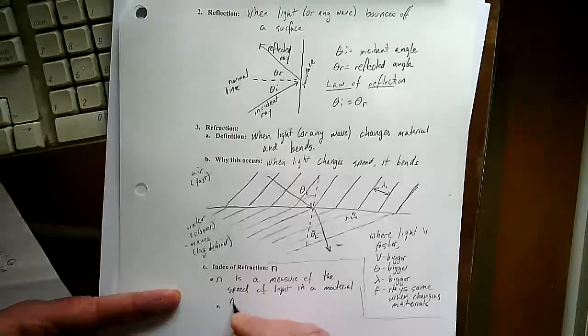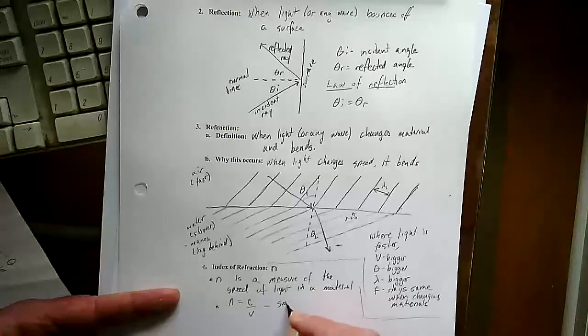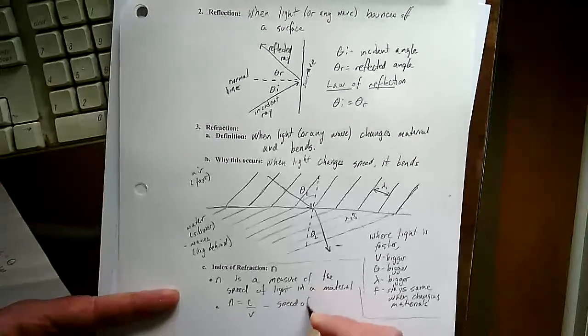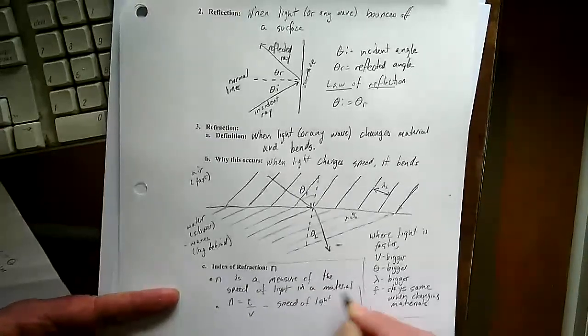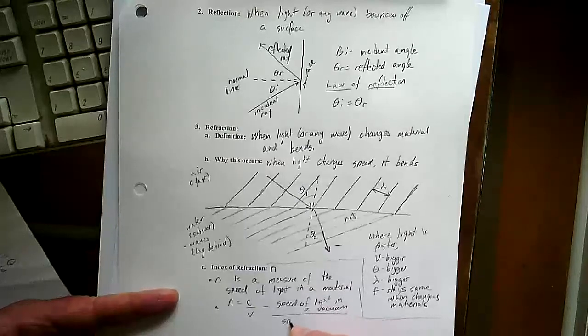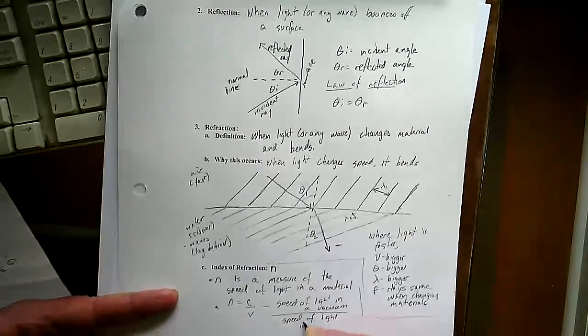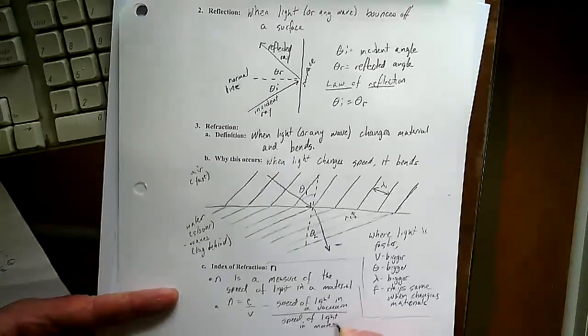The equation for N is N equals C over V, where C is the speed of light in a vacuum, and V is the speed of light in the material.